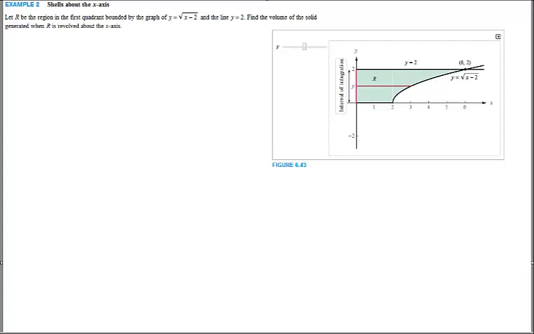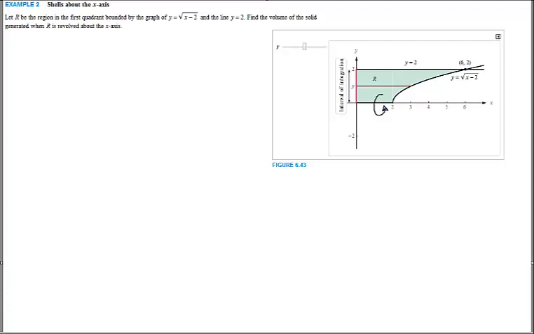I have the region bounded in the first quadrant by the line y equals 2 and y equals square root of x squared minus 2. So in that first quadrant, and there it is right there, I'm going to revolve this around the x-axis. So it's going to be revolved around this x-axis.